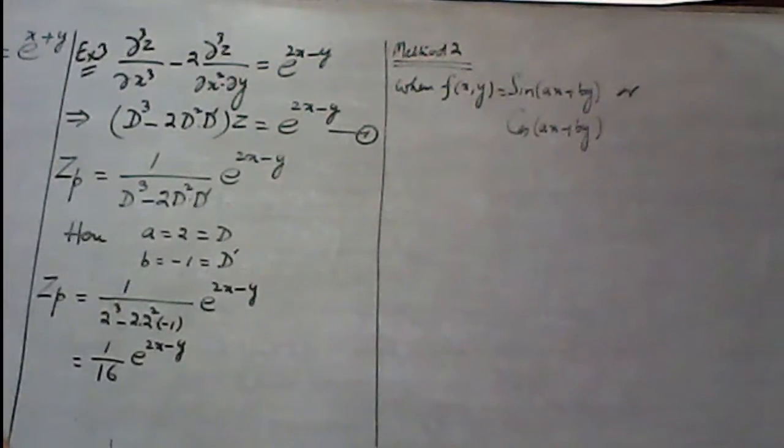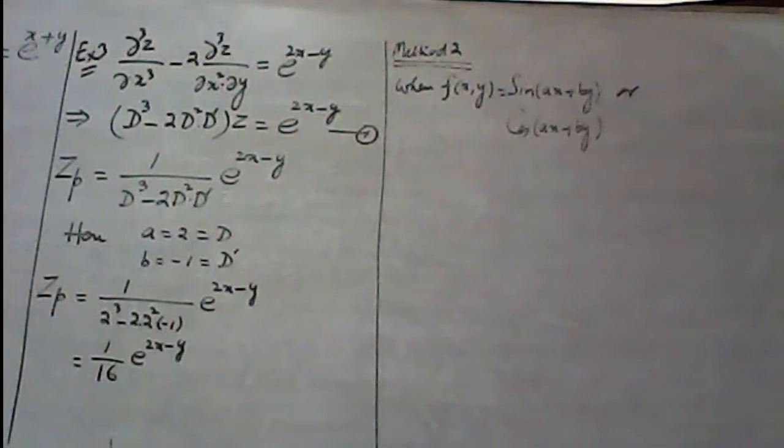And if you remember, the same thing applied in ODE as well. In ODE, we said that in method 2 only linear sine and linear cos will be treated.